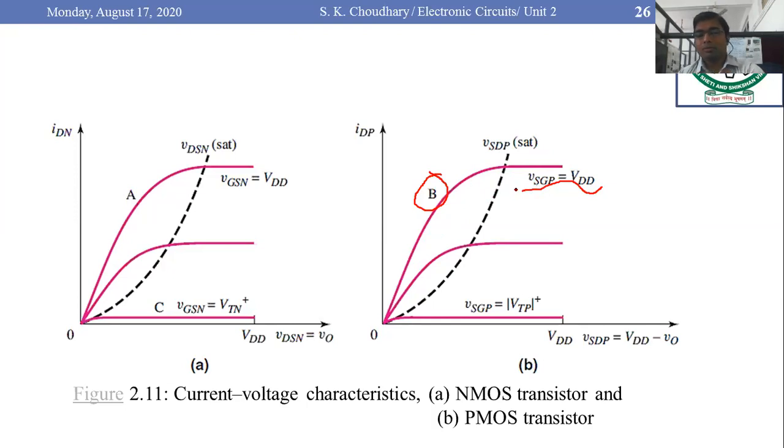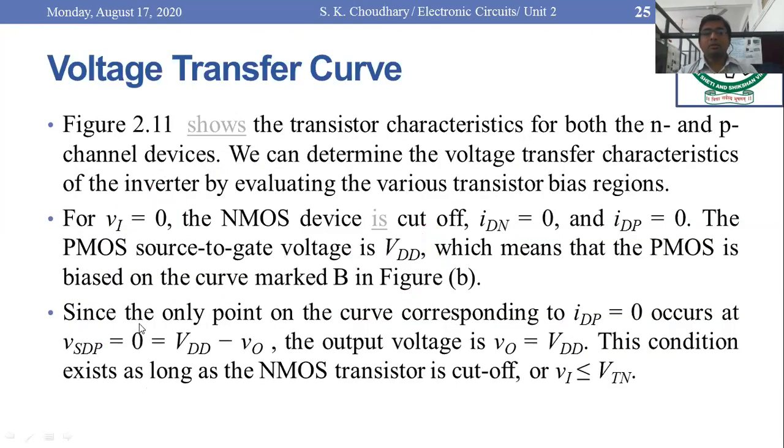Now the other condition: the only point on the curve corresponding to IDP equal to 0 occurs only when VSDP is equal to 0. The same condition we are discussing: VSDP is 0, and VSDP is equivalent to VDD minus V naught. That means V naught is now equal to VDD.